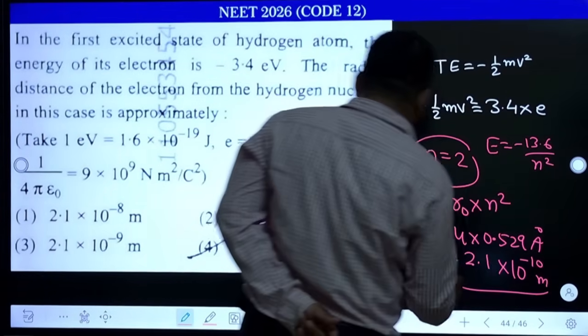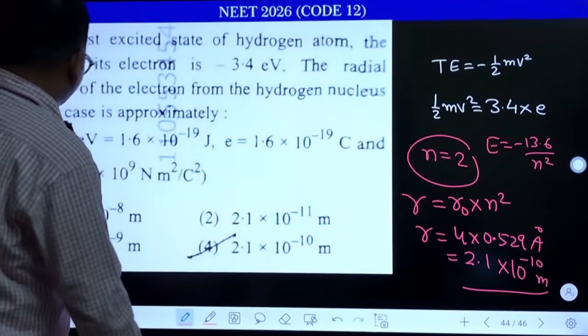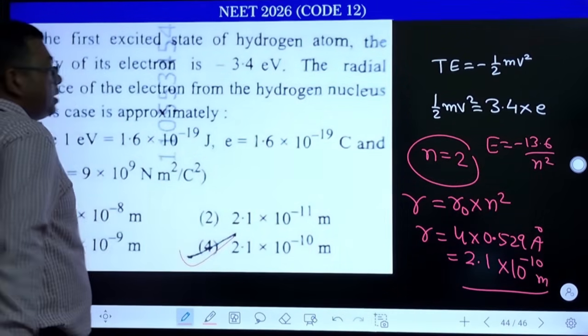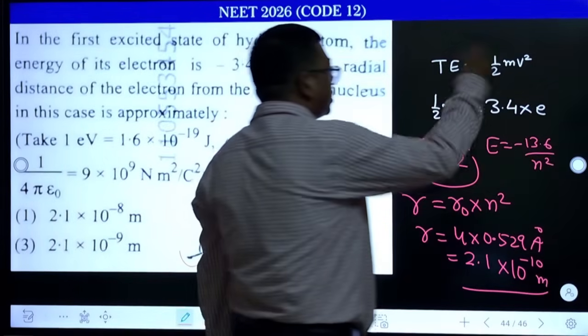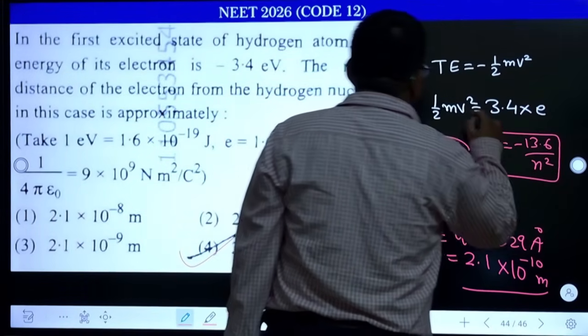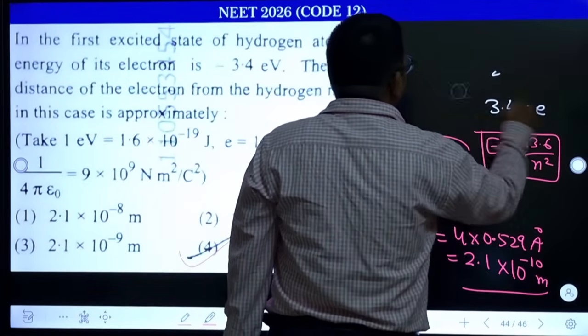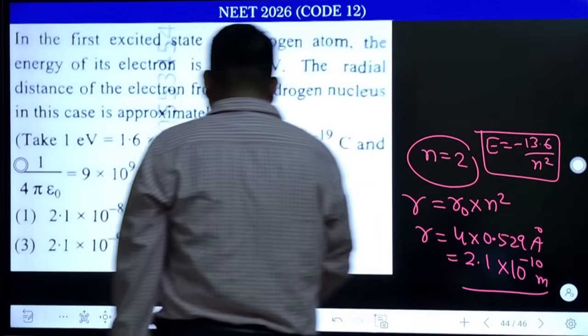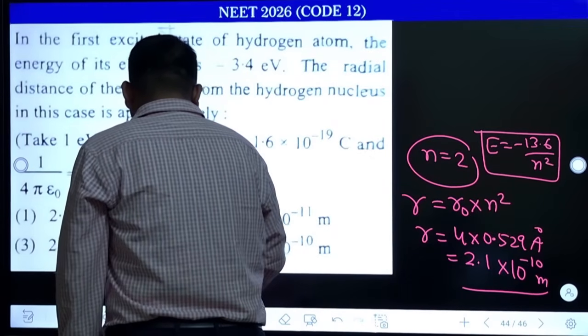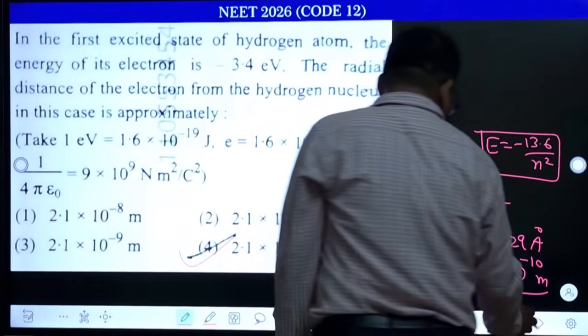Yes, this is the correct answer. So it is not necessary to go through the energy calculation; you don't need any other calculation. You need to remember this formula, how energy depends on n, right? Let us move to the next.